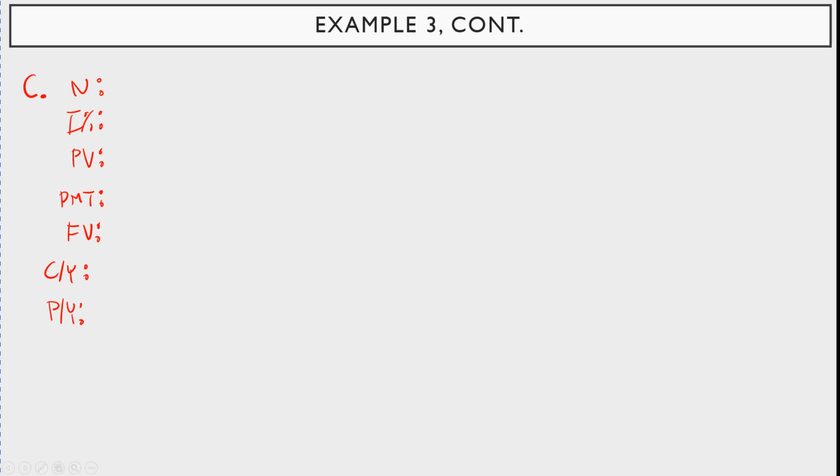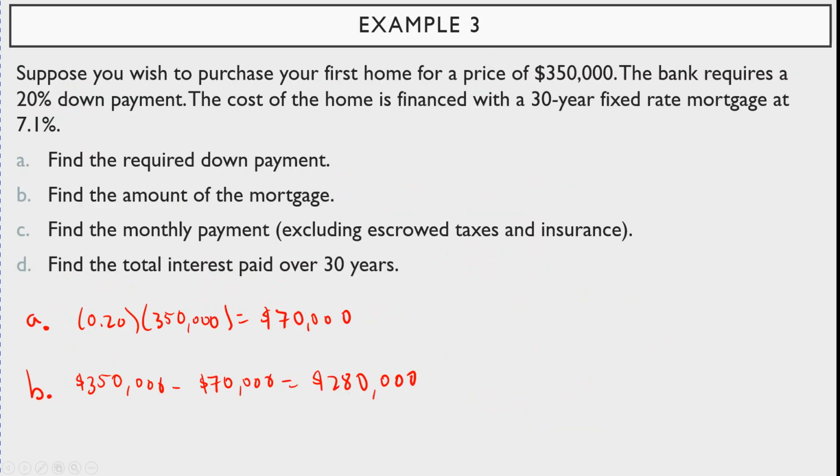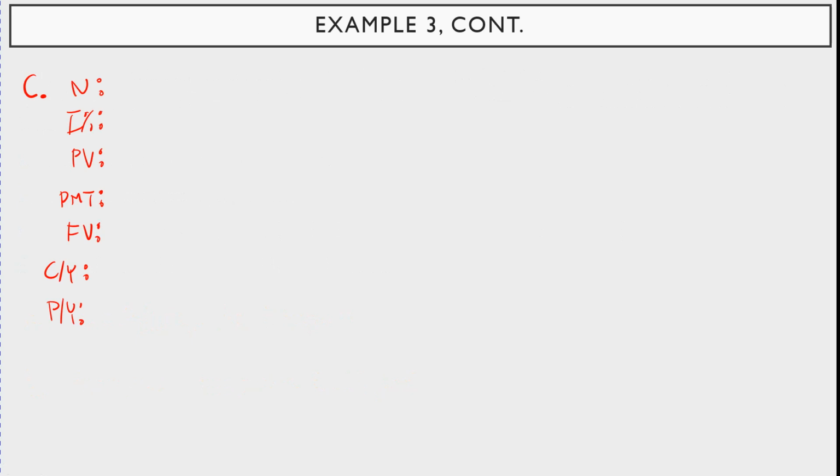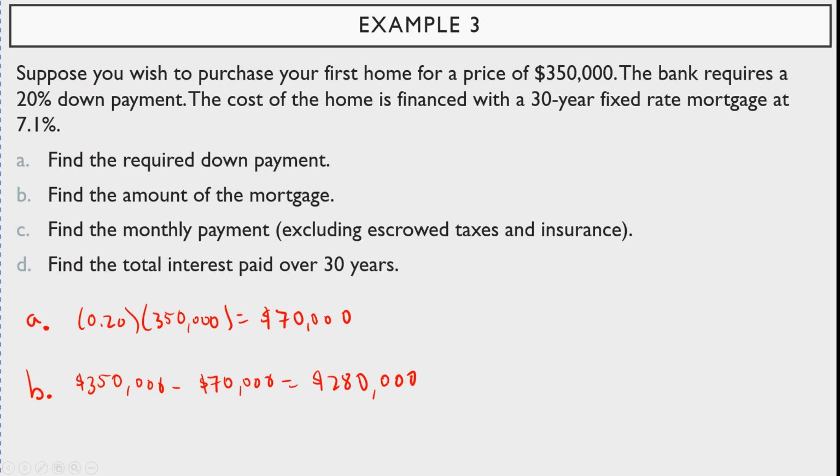All right, so N. So 30 years, and you're going to make monthly payments. So it's 12 monthly payments for 30 years. You're going to make 360 payments for your mortgage. The interest rate was 7.1%.